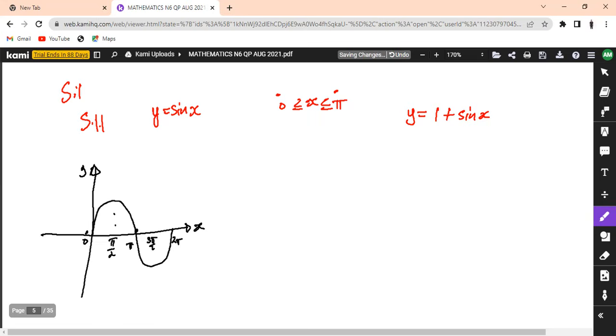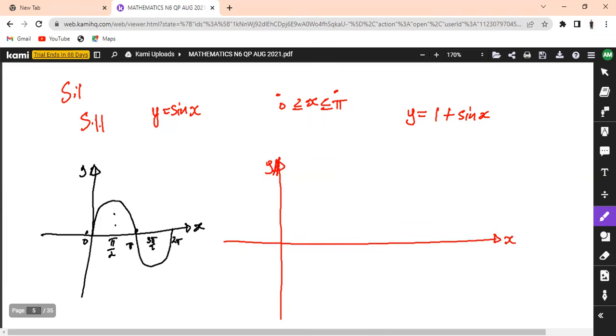So which means our actual graph is going to be like this. We are just going to take this smaller piece only, from 0 to pi, so I just need this shape here. This is the only part that I need.